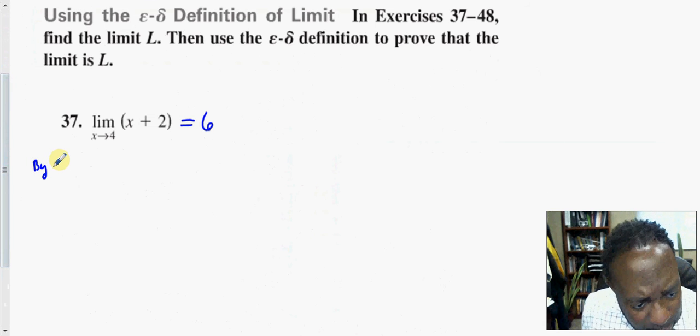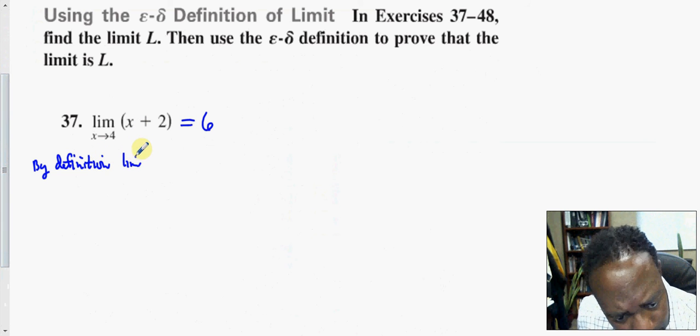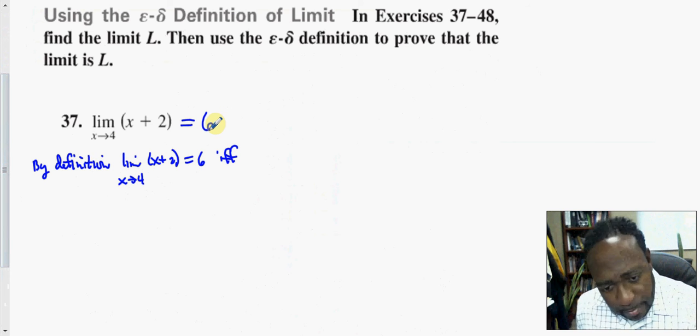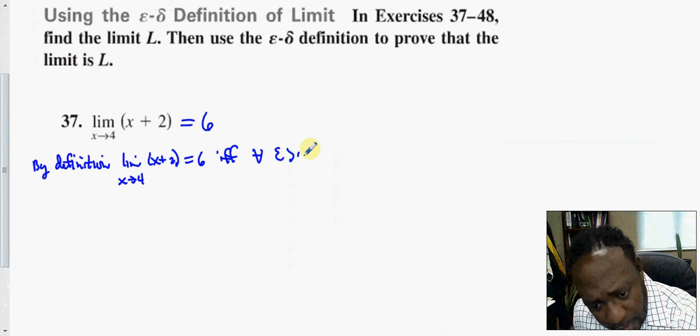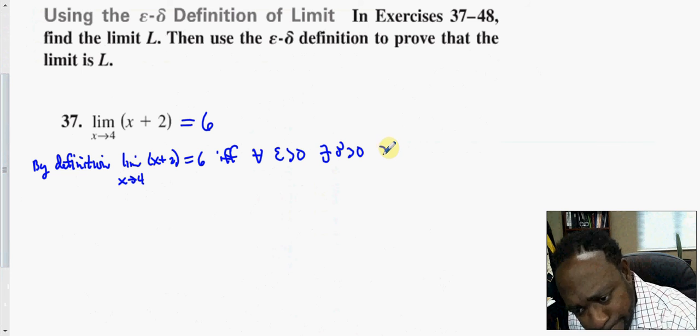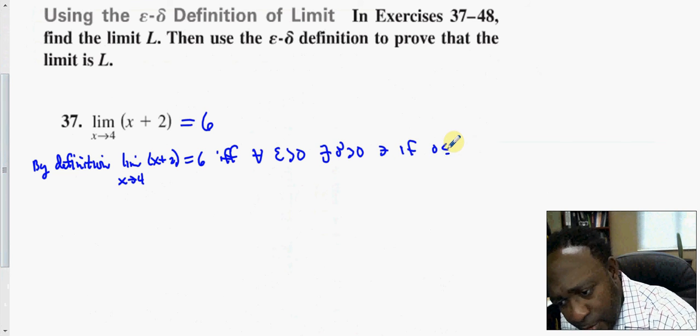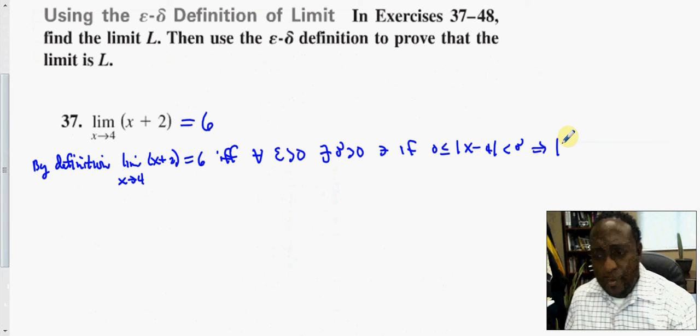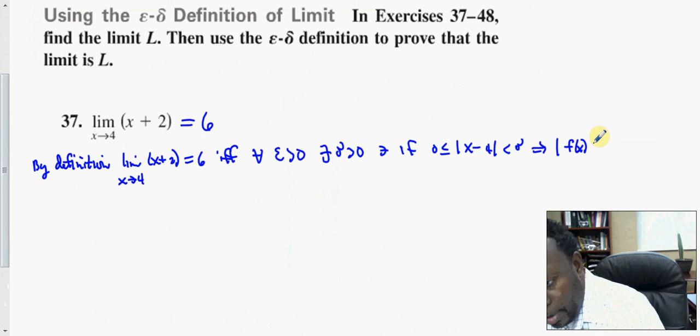So we say by definition, this limit as x approaches 4 of x plus 2 is equal to 6 if and only if for all epsilon positive there exists a delta positive such that if 0 is less than the absolute value of x minus 4, here c for the definition is 4, less than some delta, implies that the absolute value of f of x minus L is less than epsilon.